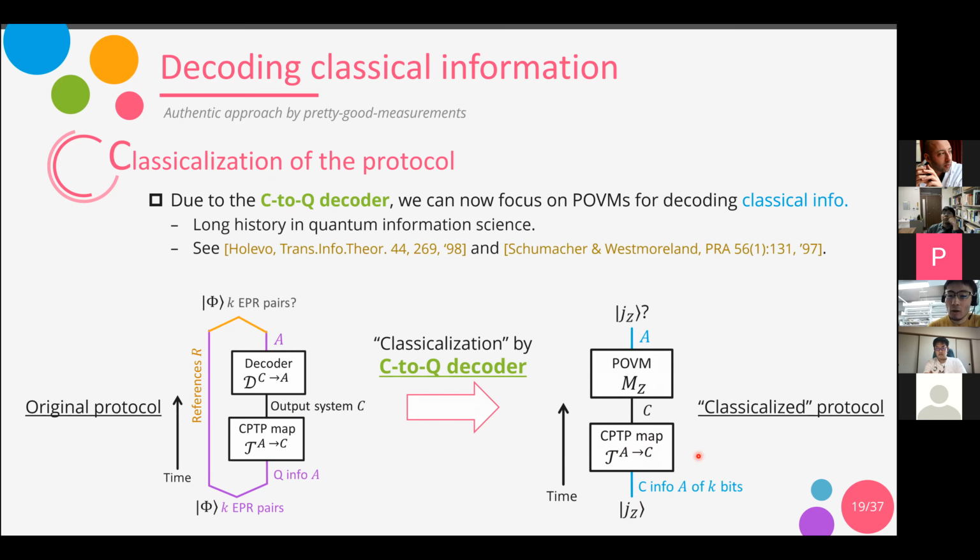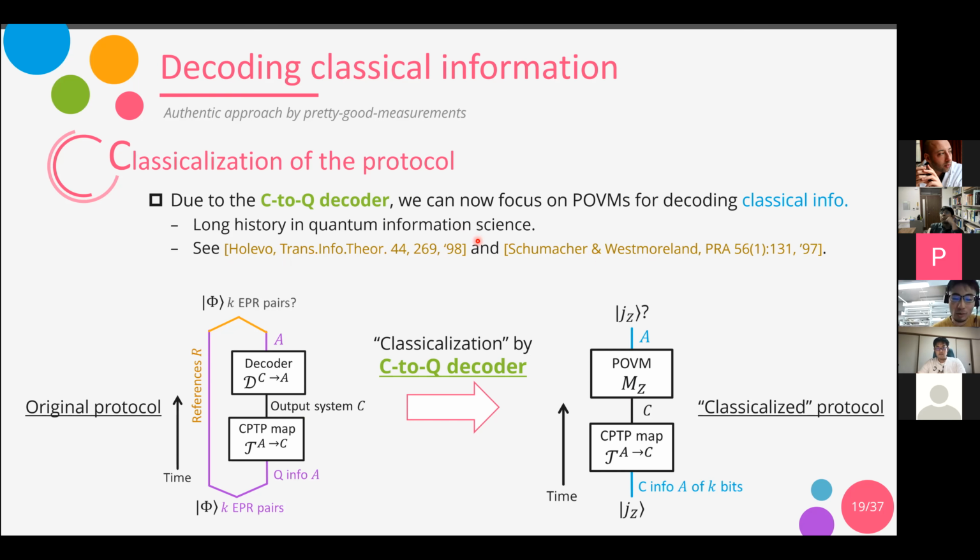Decoding of classical information has a long history in quantum information science, and it was already known how to decode classical information more than 20 years ago. In their very good paper, Holevo, Schumacher, and Westmoreland showed how to decode classical information.